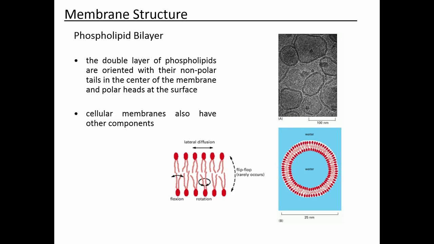Okay, so if everyone's okay with that, then a third thing that can affect fluidity of the membrane, but not all membranes have this, is cholesterol. It's abundant in mammalian cell membranes. So cholesterol is abundant in animal cell membranes.